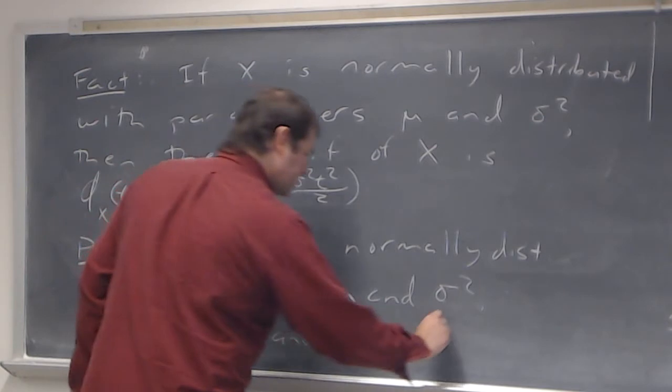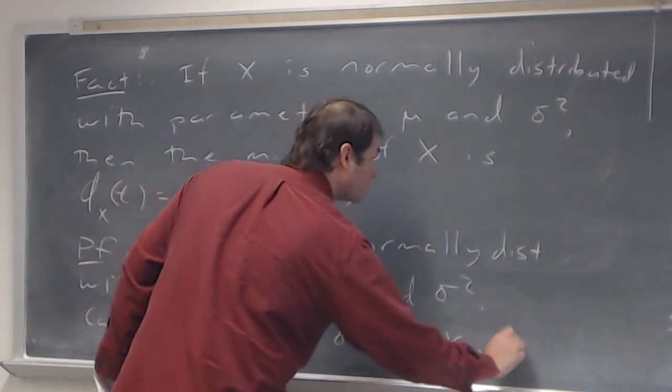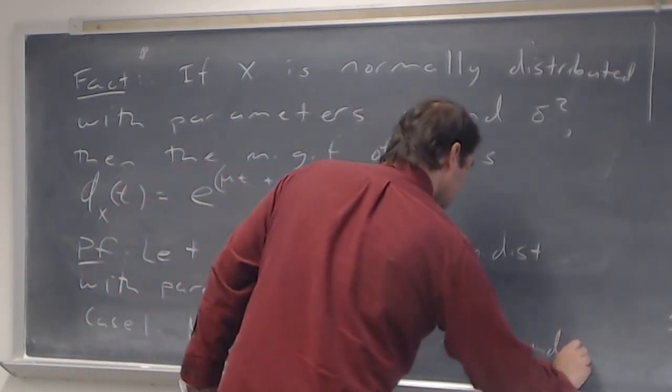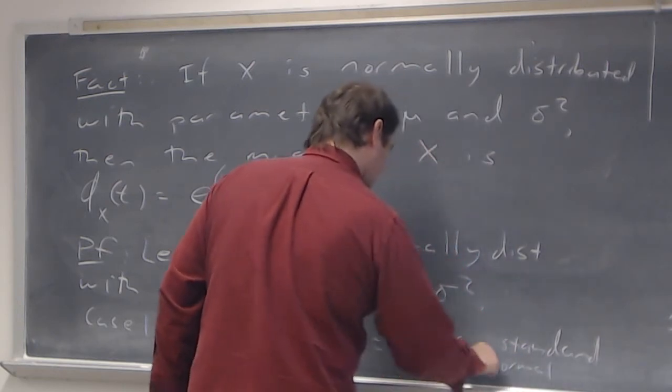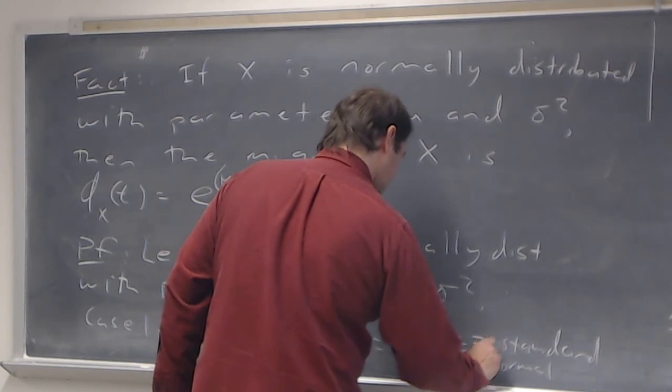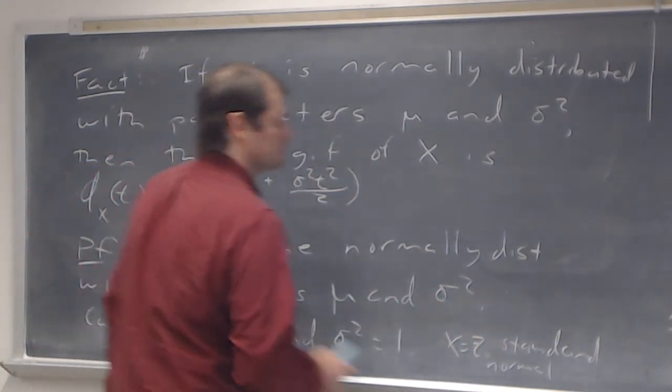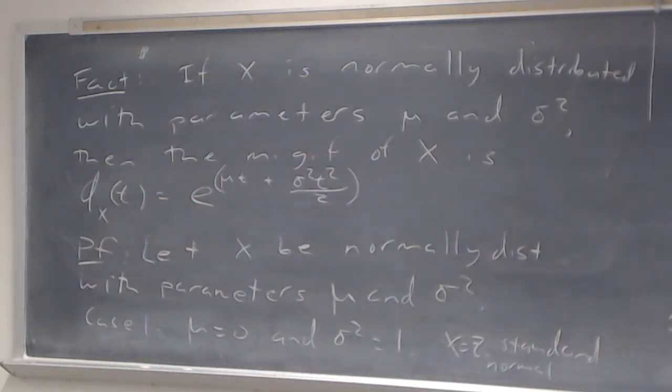So x is standard normal. That's the case we're looking at, and let's call that z. And so we'll find the moment generating function of the standard normal as our first case.